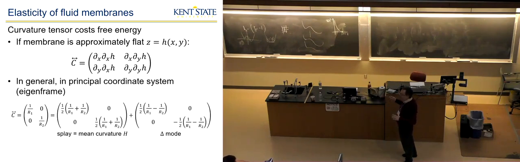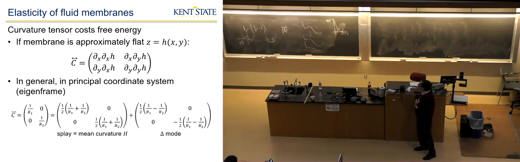And in that frame, it is 1 over r1, the first principal radius, and then 0, 0, 1 over r2, the second principal radius. So this is the general expression for the curvature tensor, in its diagonal frame, with the principal radii r1 and r2.